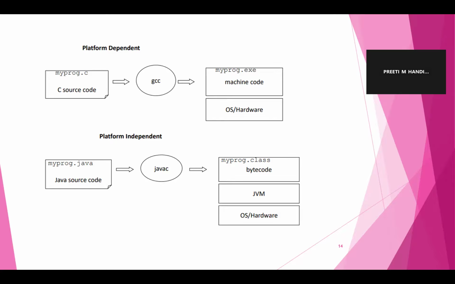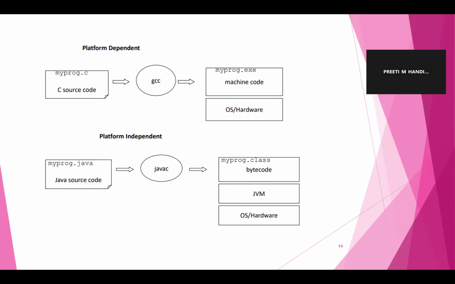Next we have the platform independent one, that is Java programming. Here the user stores the Java program with the name myprogram.java, and the Java source code is then converted using javac, where the program is converted to a class file.